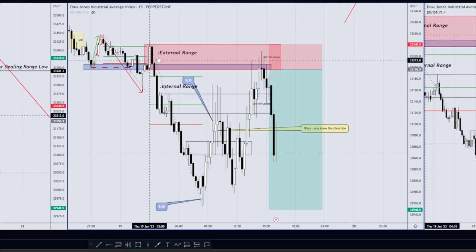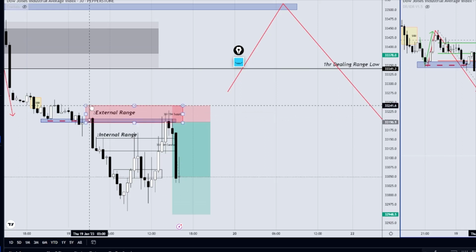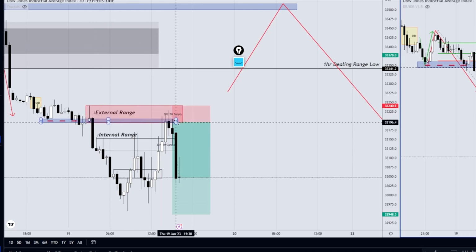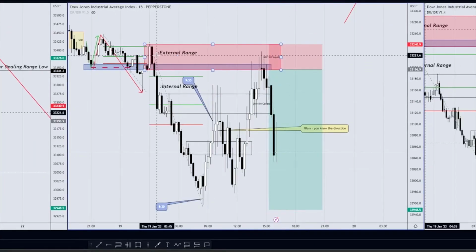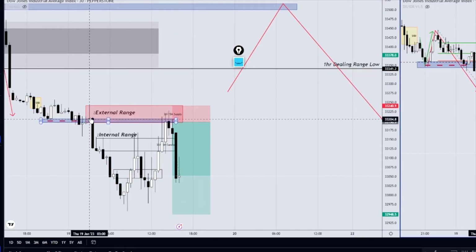So this area here on the 30-minute, we got a pin bar, bearish pin bar that formed out of supply on the 30-minute. It's not so evident on the 15-minute, but it's definitely there on the 30-minute.